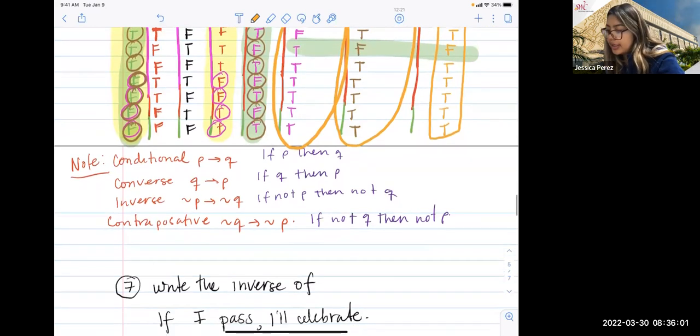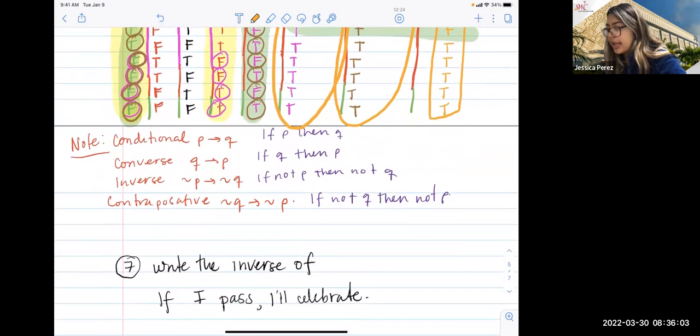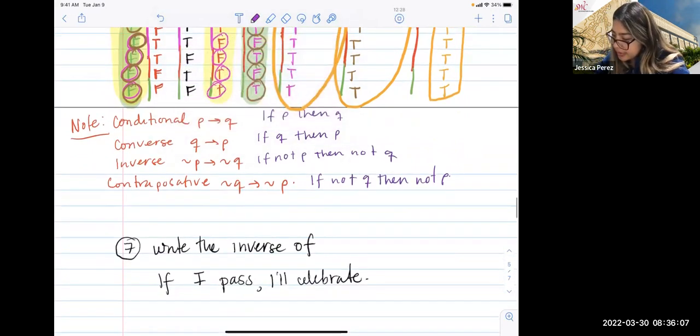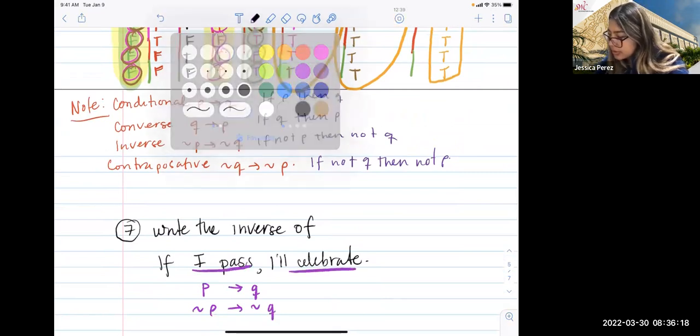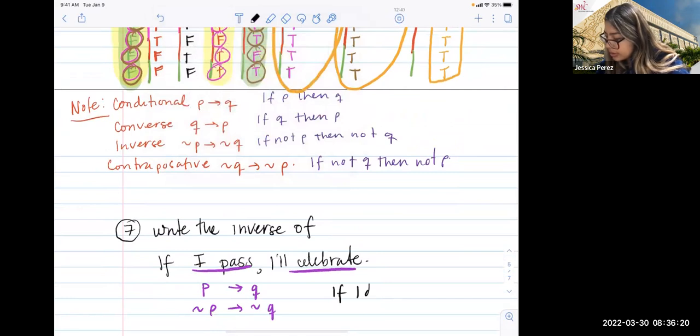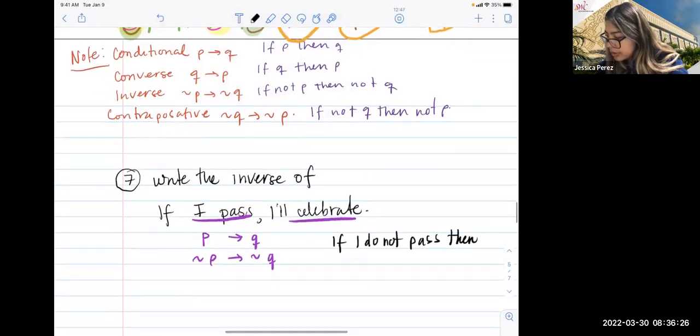So write the inverse of if I pass, I'll celebrate. So what is the inverse? If this is P and then Q, you're just negating P implies negating Q. So this is P and this is Q. This is if I do not pass, then I will not celebrate.